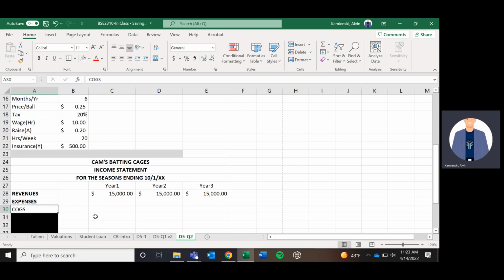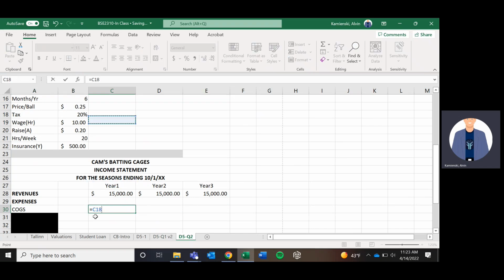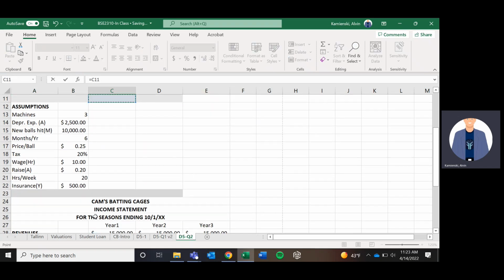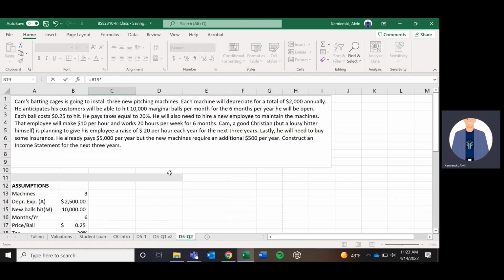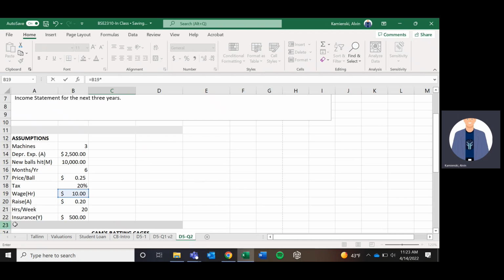In order to run the machines, he's going to have to take on new cost of goods to run. That is primarily going to be equal to this new kid that he hires and now pays. One kid gets paid $10 an hour. He works how many hours a day? Did I not write that down anywhere? 20 hours per week. Sorry, it's not per day.